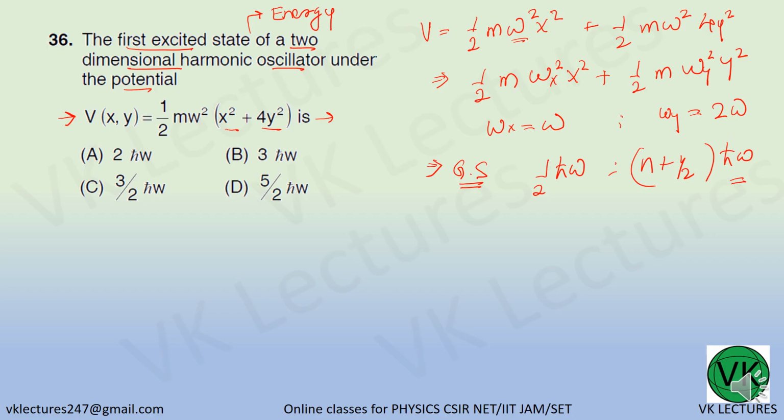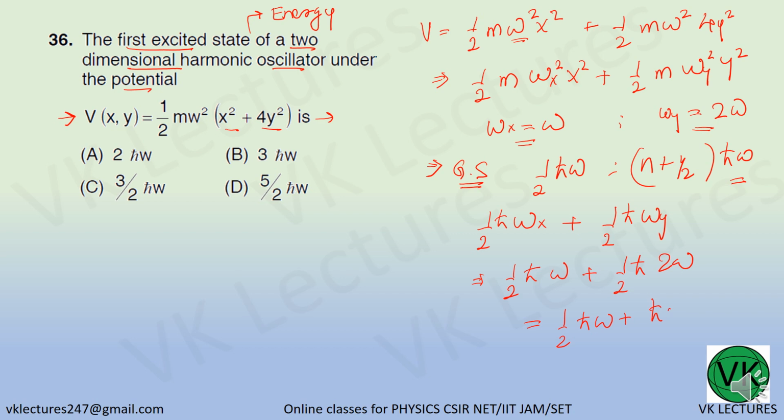So for both dimensions we can write the ground state energy as half h cross omega x plus half h cross omega y. Now that's equal to half h cross omega, where omega x is omega, plus half h cross omega y, where omega y is 2 times omega, which means half h cross omega plus h cross omega.